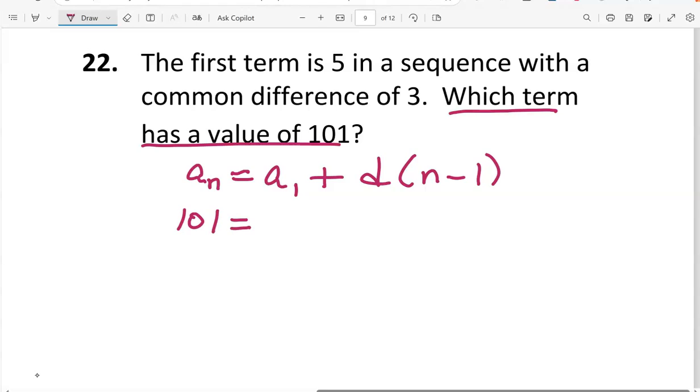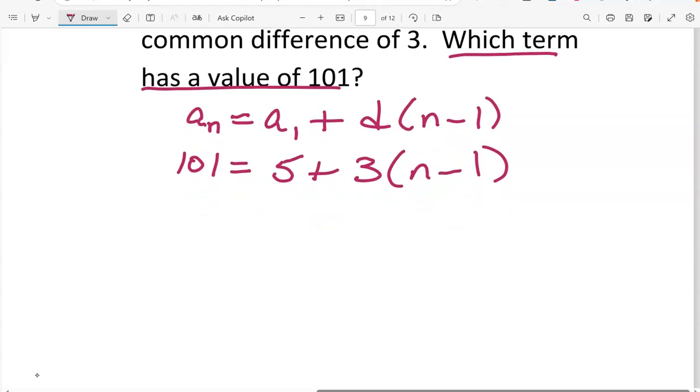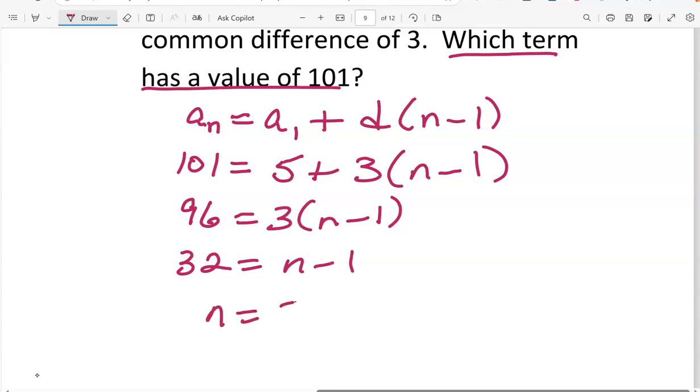We just don't know what number term it is, so we are looking for the value of n. The first term is 5, the common difference is 3, and so now I just have an algebraic equation to solve. Subtracting 5, that gives us 96 is equal to 3 times n minus 1. Dividing by 3, 32 is equal to n minus 1. So that means that n is 33, so the 33rd term has a value of 101.